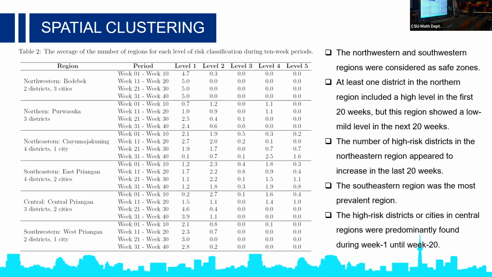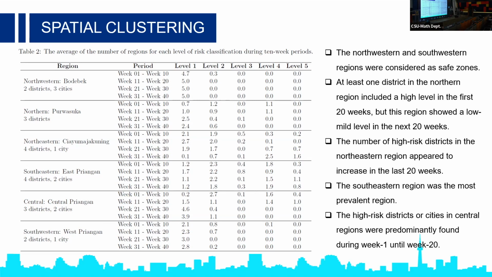So beginning with a dangerous level, it moved to a mild level in the next 20 weeks. And the number of high-risk districts in the northeastern region appeared to increase in the last 20 weeks. So there is some kind of shifting of level in our 27 districts and cities.